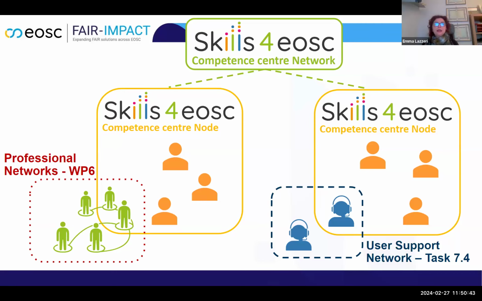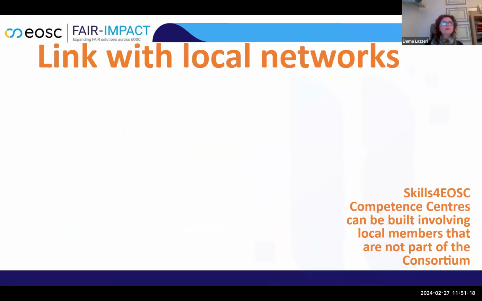We are working, for example, with INOSC to set up other open science communities in different institutional contexts. And on the other hand, we are working to understand how user support networks are interacting with the competence centers, and to bring them together again with the aim of alignment and coordination.